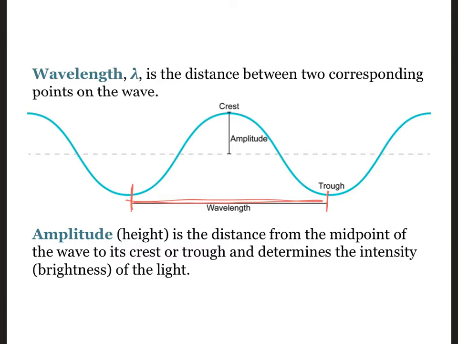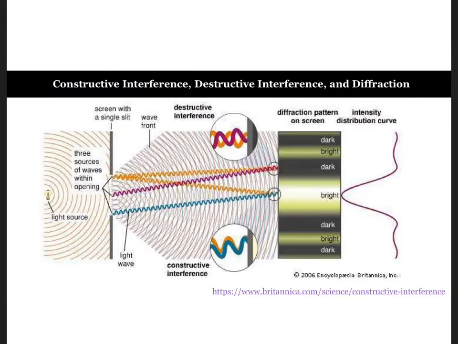The amplitude, or height from the midpoint of the wave to its crest or trough, is related to the brightness or intensity of light. Higher amplitude waves will appear brighter. Constructive interference occurs when waves are in phase, causing their amplitudes to add together.